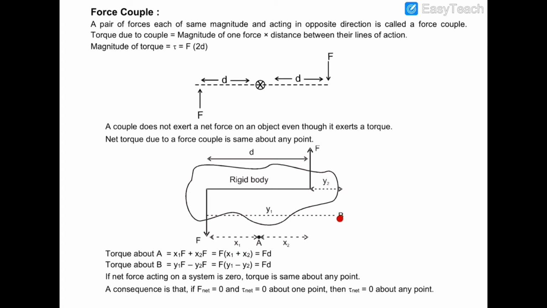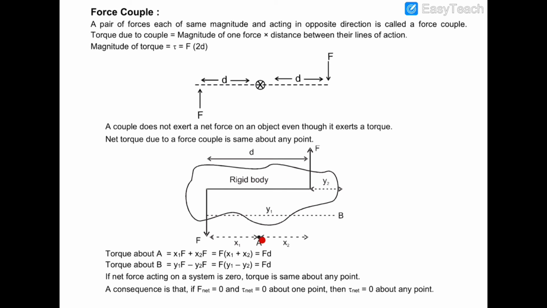But the torque about B would be F into y1 in anti-clockwise sense and F into y2 in clockwise sense. So the torque about B would be calculated by subtracting both torques. So the net torque about B would be F y1 minus F y2. Now we can see that y1 minus y2 is also equal to d.